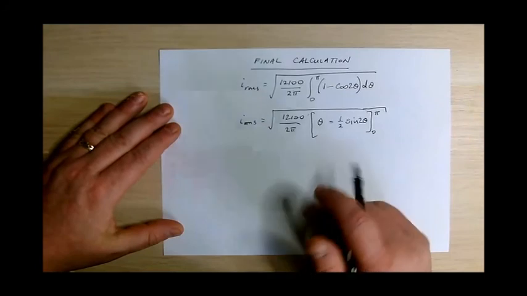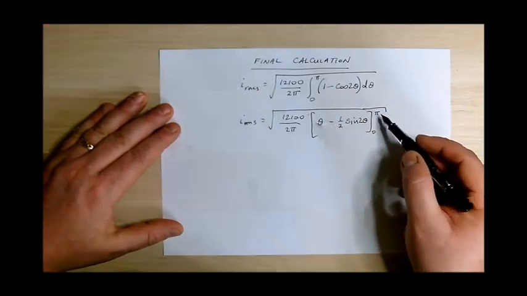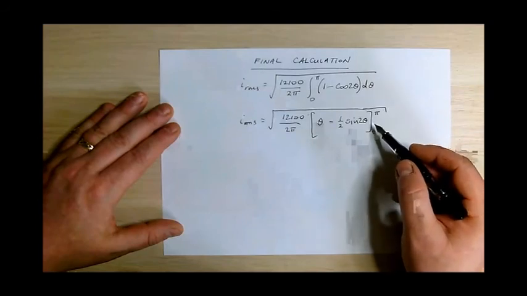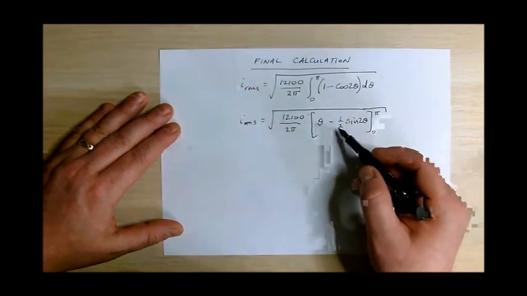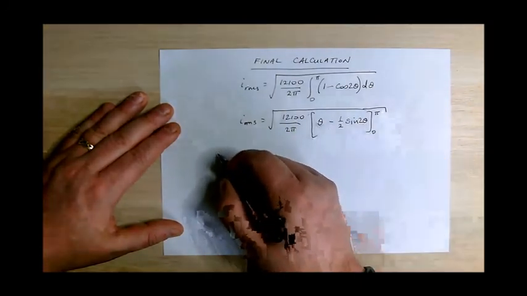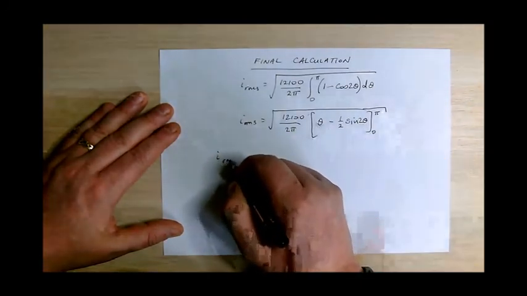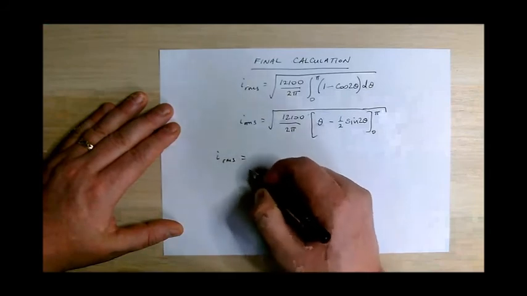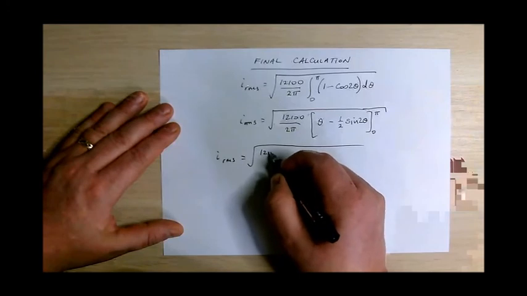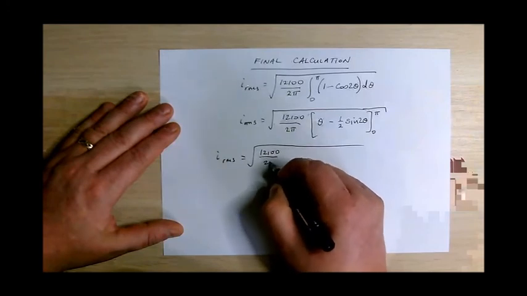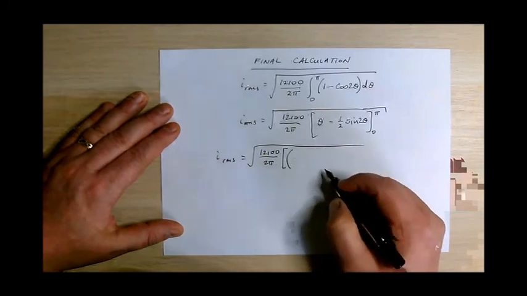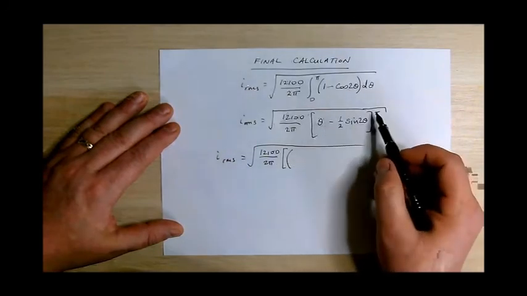Now we will insert the pi figures first into this, and then we will take away another bracket with the 0 angle inserted for theta. Our constant figures are the same. So we insert pi first of all.